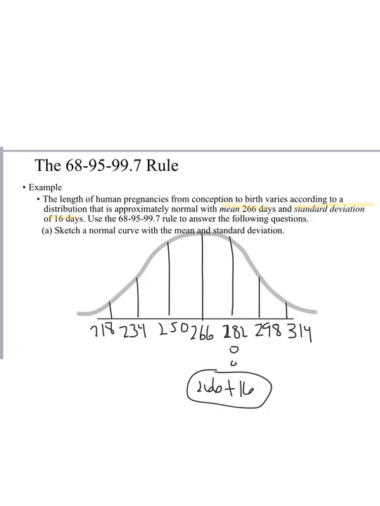Now I'm going to mark my middle 68%, my middle 95%, and the middle 99.7%. This is the bare minimum I need to see on any assessment if it asks you to use the 68, 95, 99.7 rule.